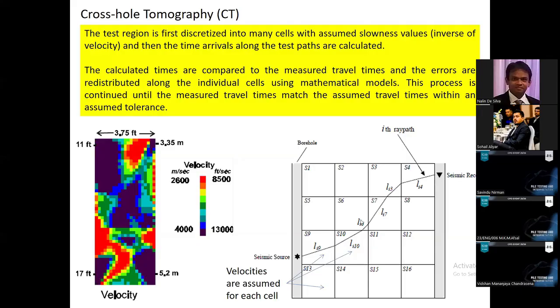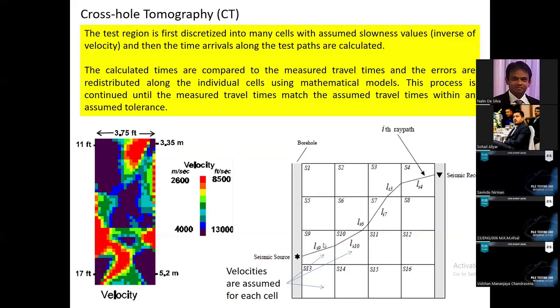And this is the wave record, right? You know the wave arrival time. So what the software does is, it will discretize this area between tube number 1 and tube number 2, let's say, into a large number of squares, regions like this.